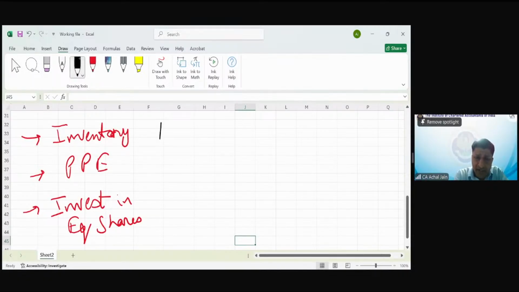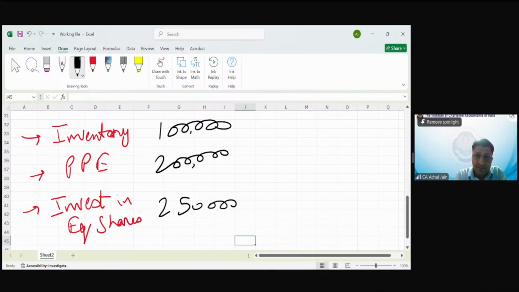Let's suppose inventory is 1 lakh. Say PP is 2 lakhs. Say investment is 2.5 lakhs. Okay. Now, in all of these cases, can we say that the amount to be received, because these are assets to be received, is determinable, is fixed?